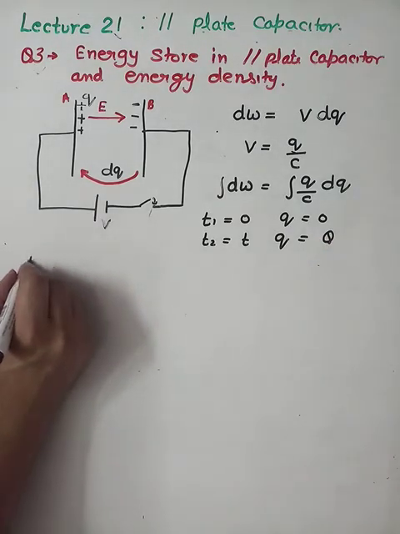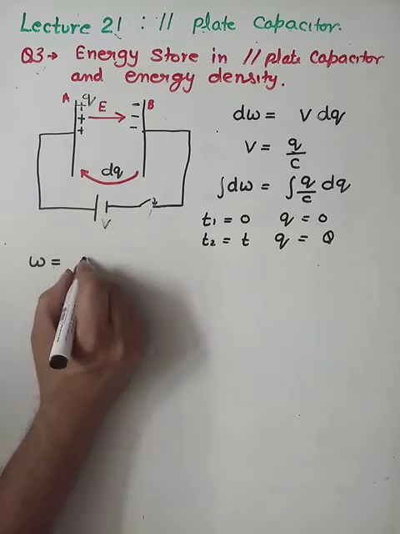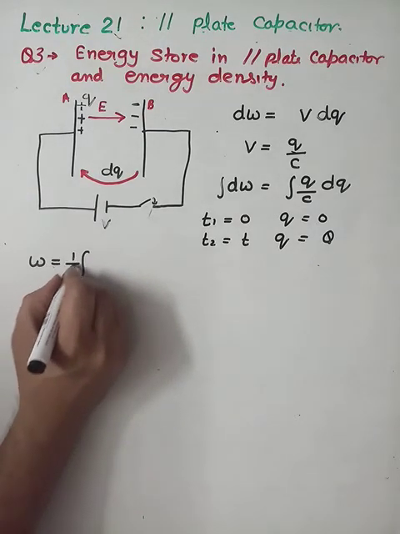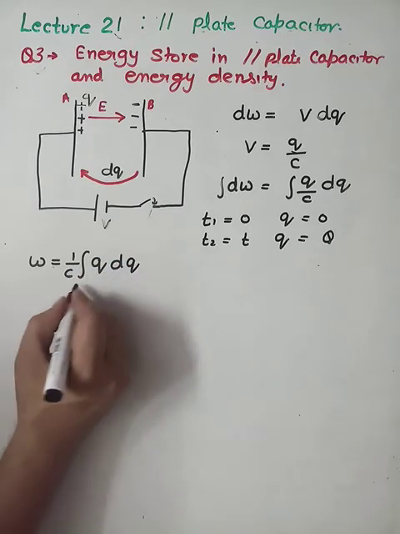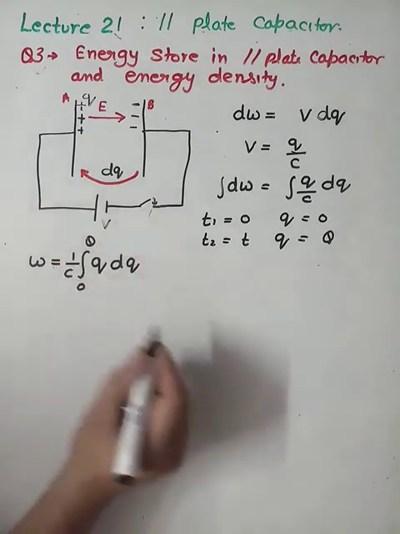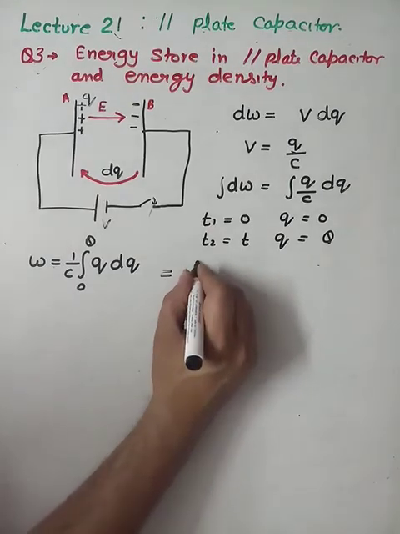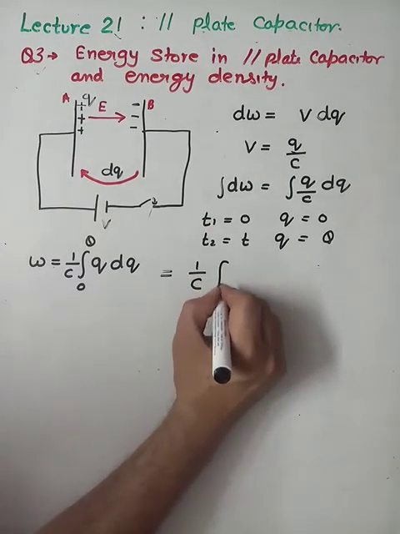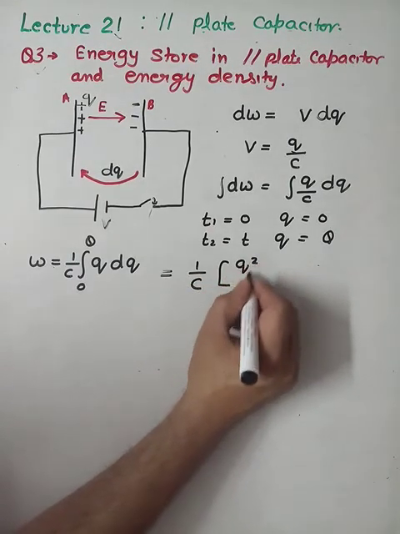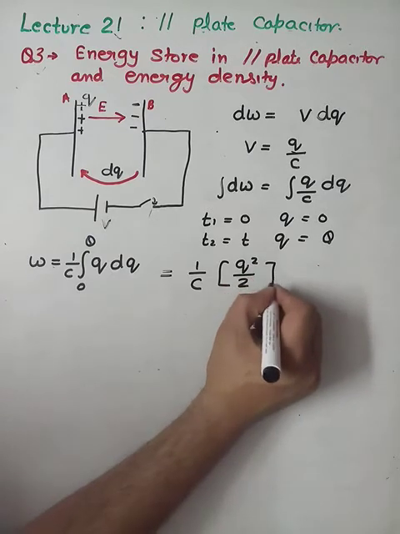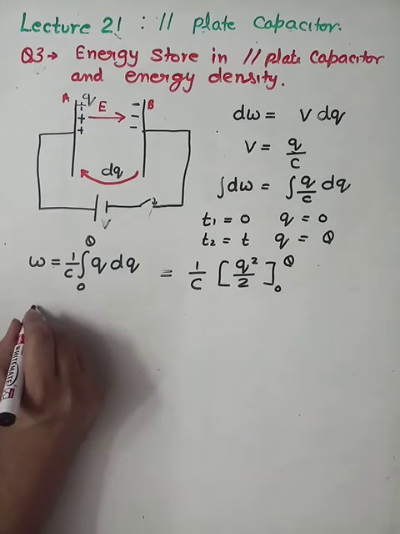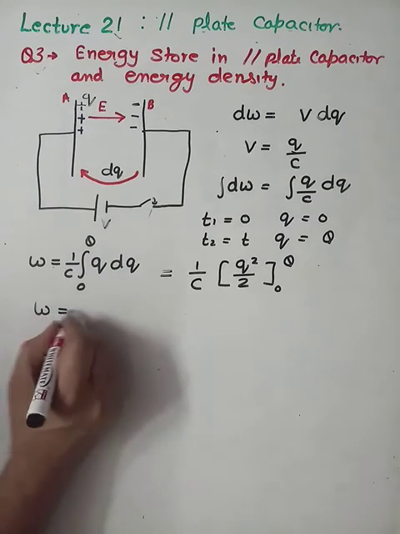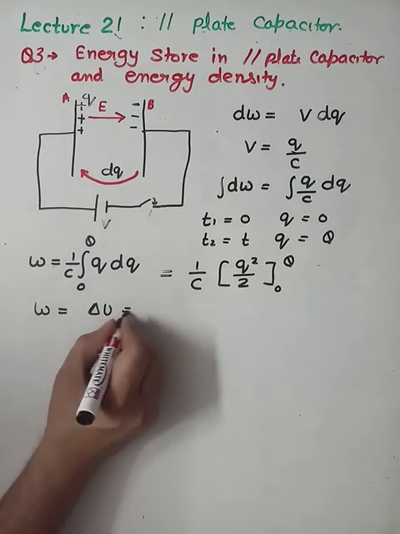Now integrating dW gives W, which is equal to 1 by C taken outside, integral of q dq, with limits from 0 to capital Q. On integrating, we get q square by 2, with limits 0 to capital Q. From the work-energy theorem, this work done will be stored in the system as energy.